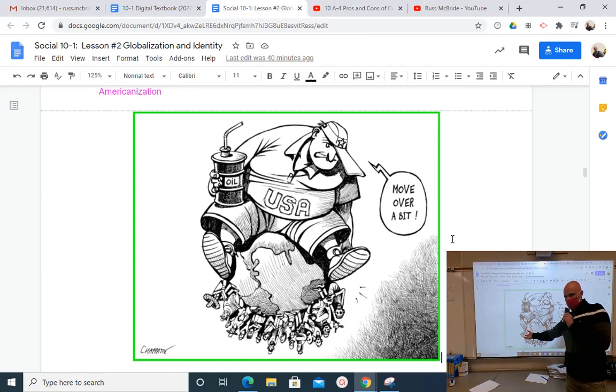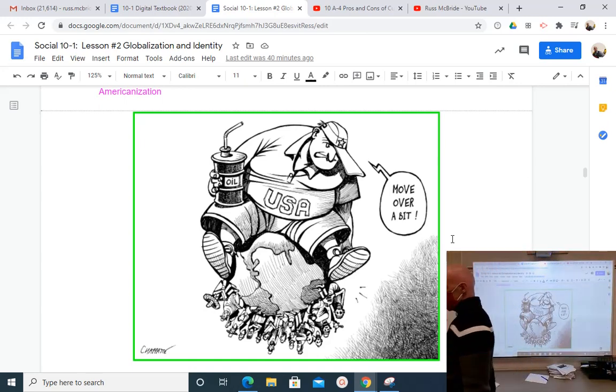Maybe we should marginalize less. Maybe instead of living for ourselves, we need to live for others. Not for the glory of me, but the glory of us. If the intended audience is America, then those are the actions that we could infer the cartoonist wants to inspire.